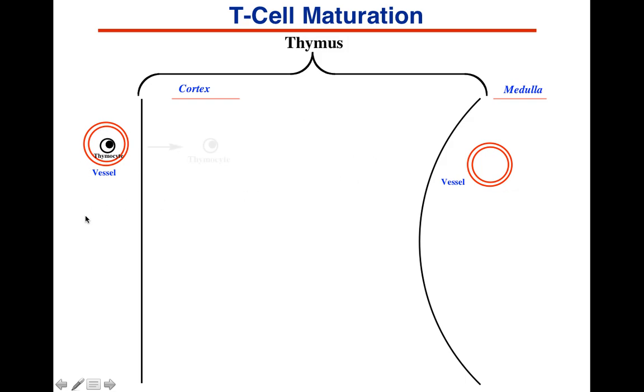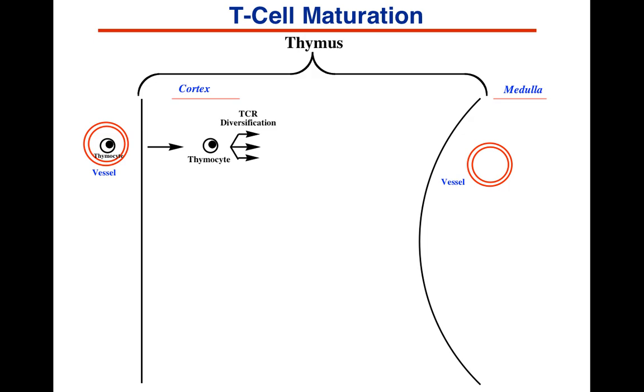These thymocytes will then home in and enter the cortex. When they enter the cortex of the thymus, they will undergo T cell receptor expression and diversification. In other words, they'll start expressing their T cell receptors.